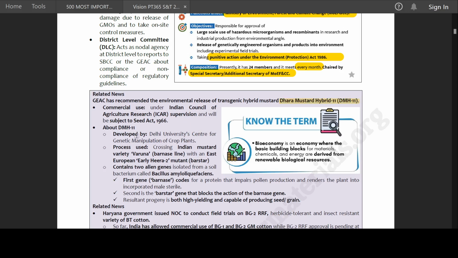DMH-11 was developed by the Delhi University Centre for Genetic Manipulation of Crop Plants. The process used was crossing the Indian mustard variety Varuna Barnase line with an East European early Heera-2 mutant Barstar.